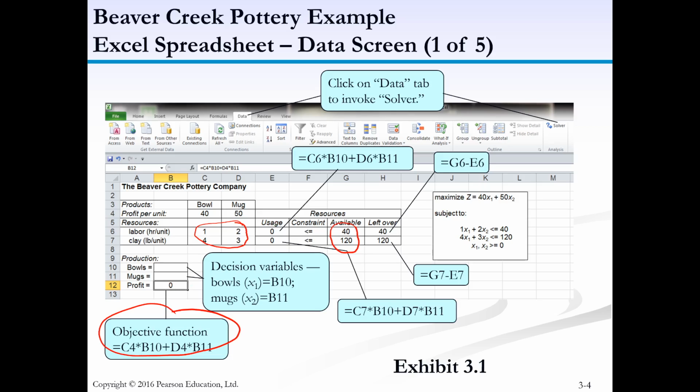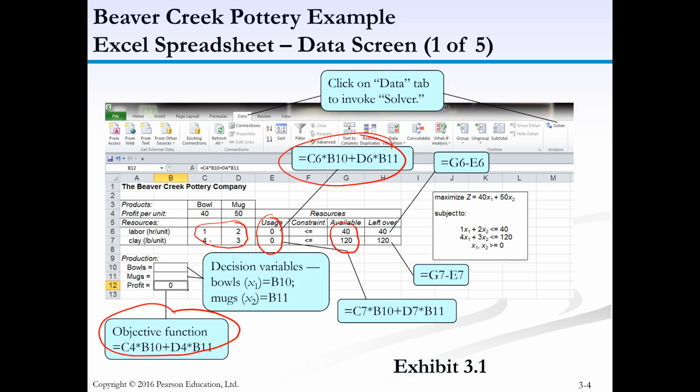Similarly, in the usage column, we fill in the formula for labor hours, which is 1 multiplied by x1, the number of bowls, plus 2x2, as shown in this formula.